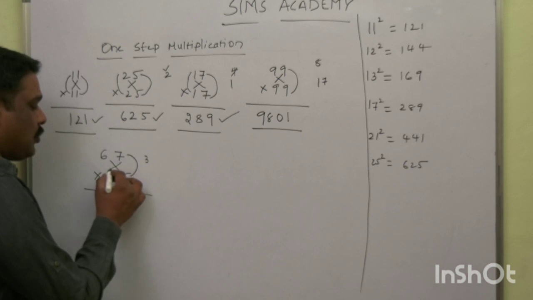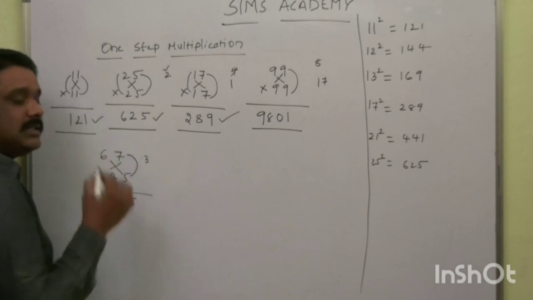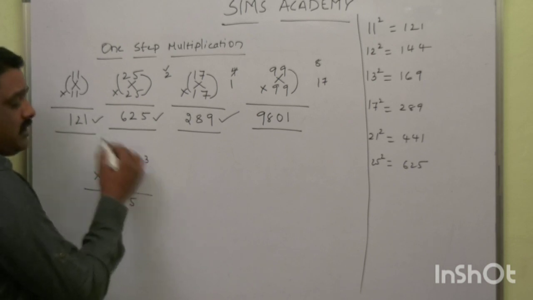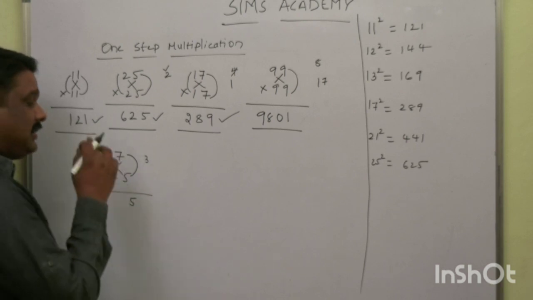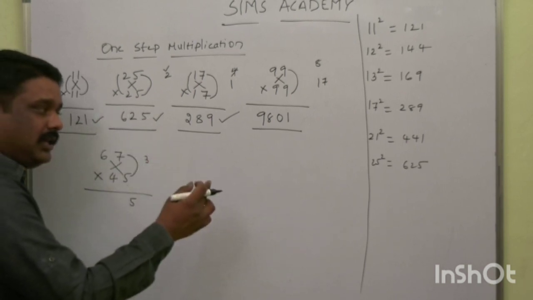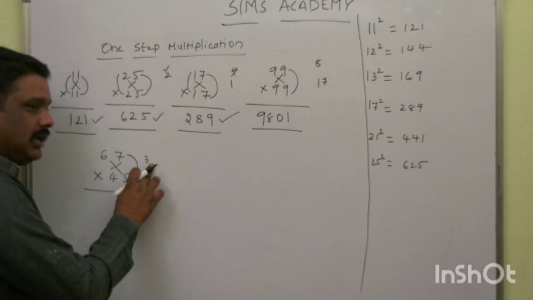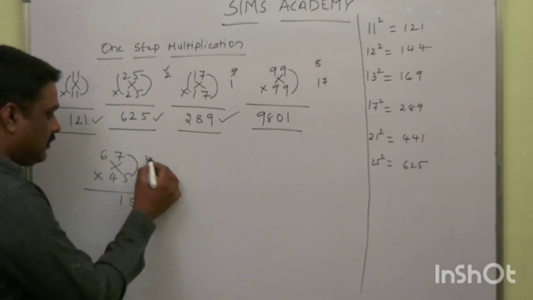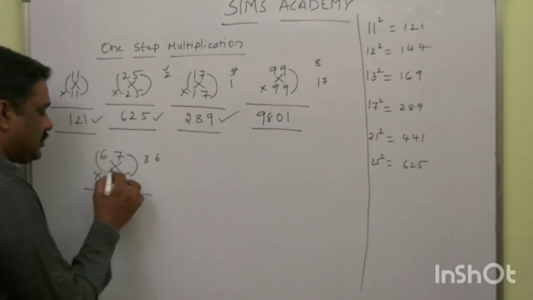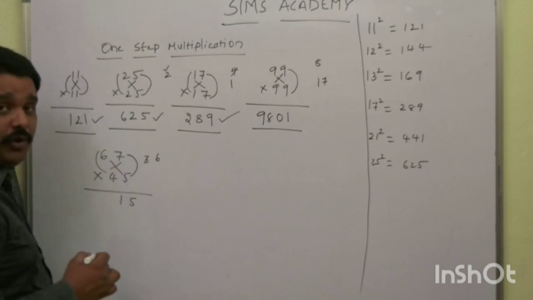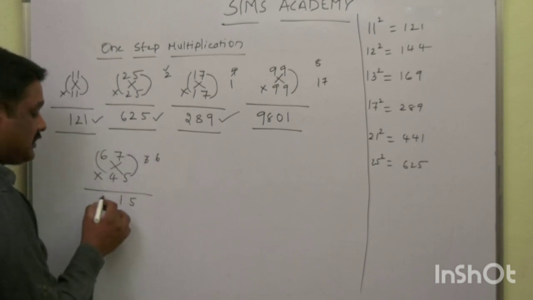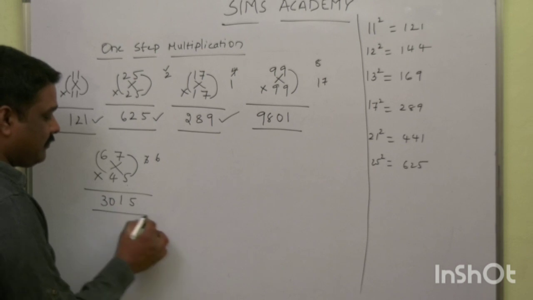Now criss-cross: 6 5s, 30, 4 7s, 28. 30 plus 28, it is 58, plus 3, 61. Now last, 6 4s, 24, 24 plus 6, it is 30.